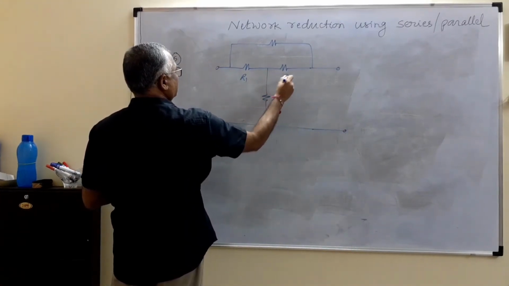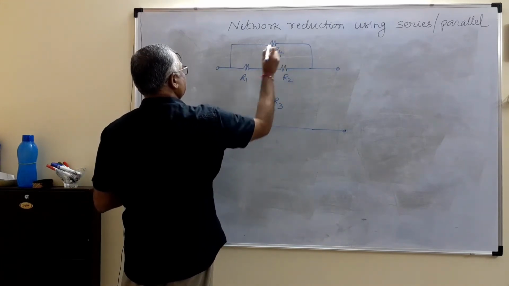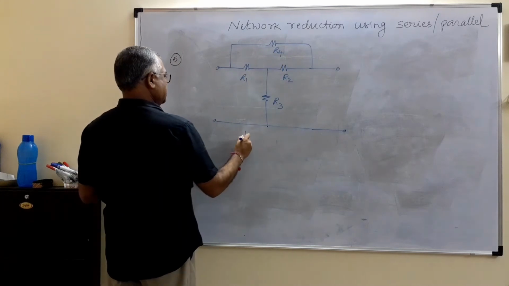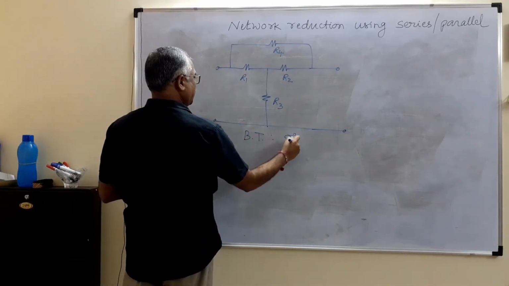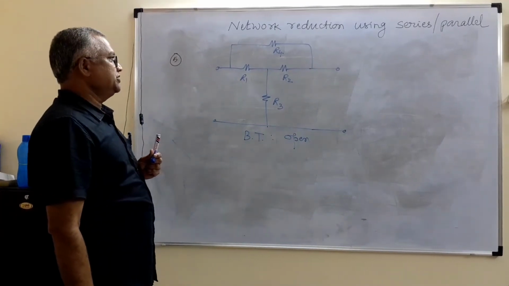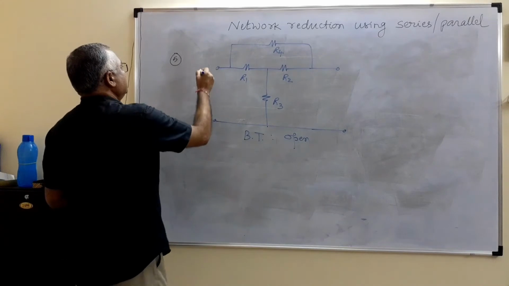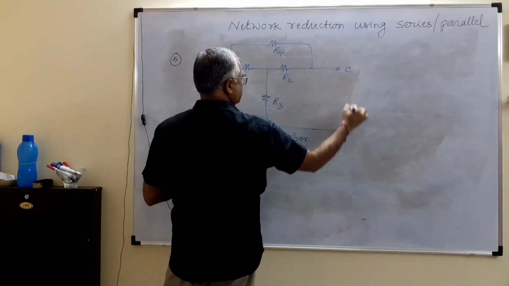R1, R2, R3, R4. We call it a bridge T with open condition. Bridge T. So this is A, B, C, D.